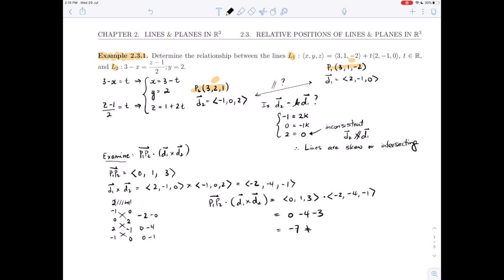In particular that is not 0, so our vectors are non-coplanar, and that means the lines are non-coplanar as well, and lines that are non-coplanar are skew.